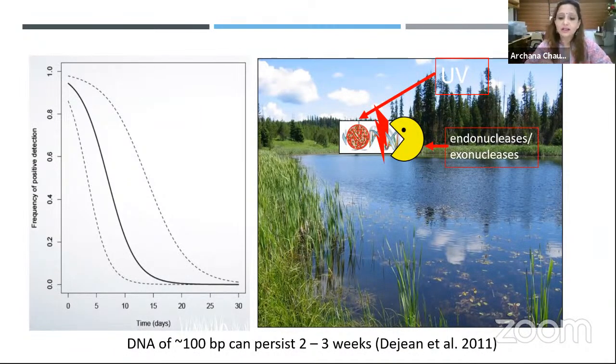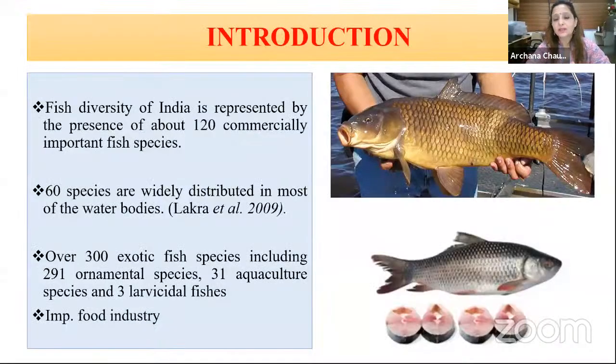As published by DG et al. in 2011, in a nutshell, environmental DNA in an aquatic system can on average have a life of 2 to 3 weeks. However, there is deviation in this depending upon the species or the organism we are interested in.